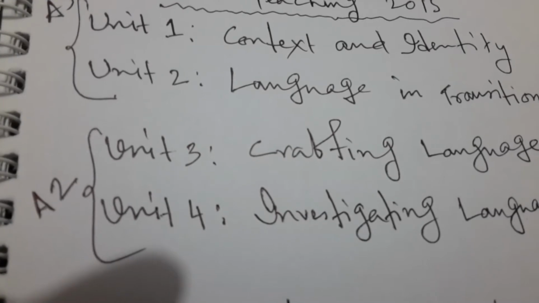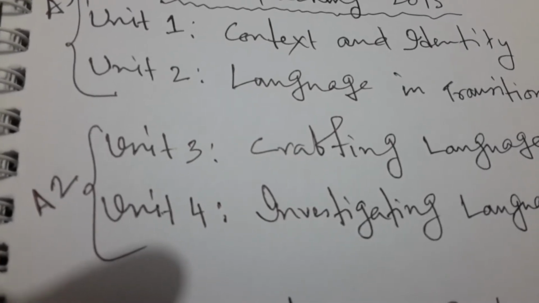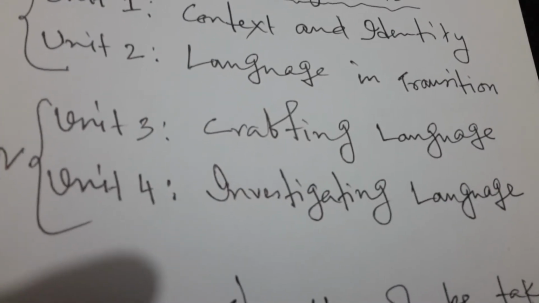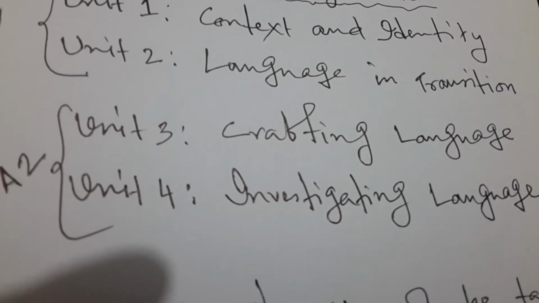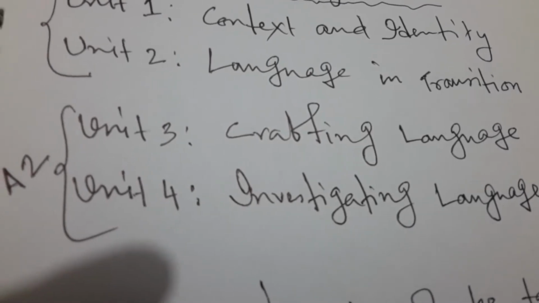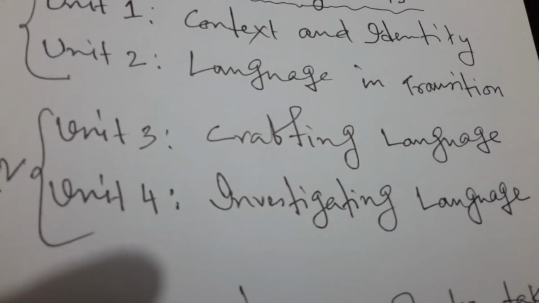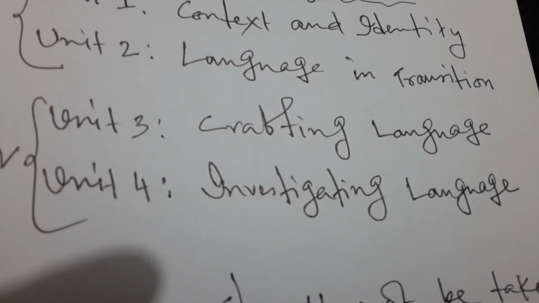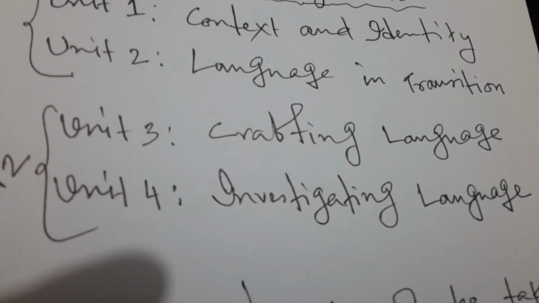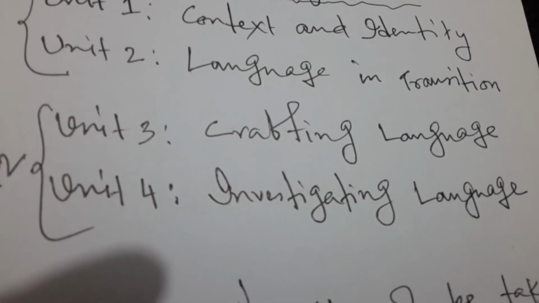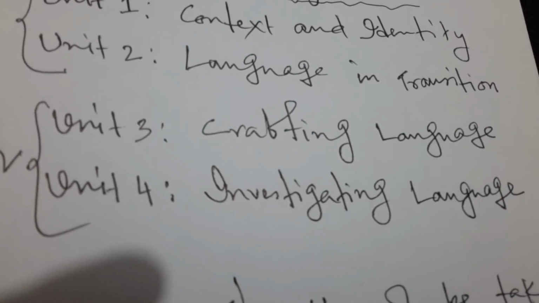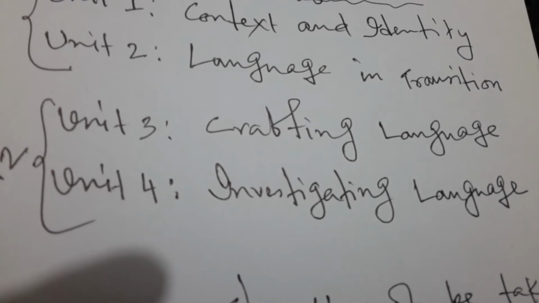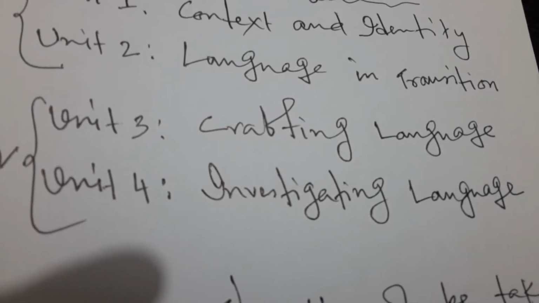25% of the total marks will be given on this course, and you have to answer 2 questions here. Unit 2, Language in Transition. Here you will study how English language has been changing, and you will study different texts and identify the influences of other languages or social, political, or other influences that change that language.